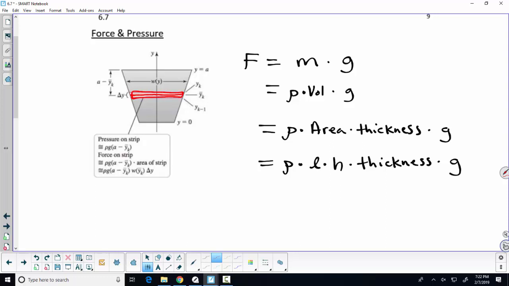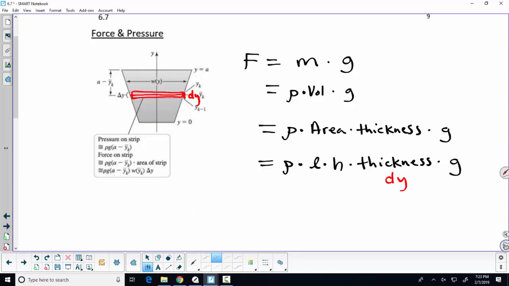So once again, density, gravity, constants, thickness of each strip or line is dy. The height is very comparable or the same as the height in the previous models.